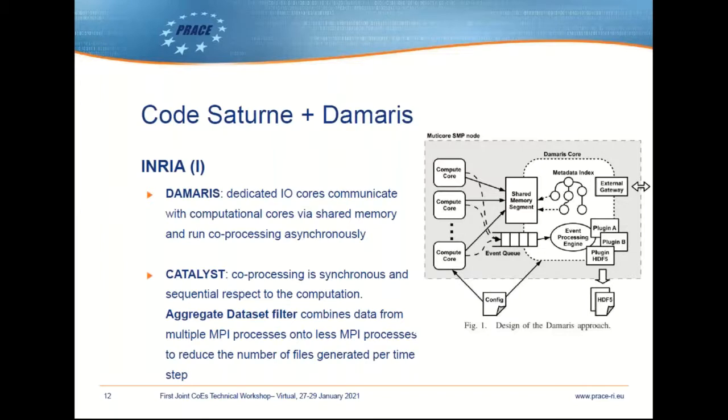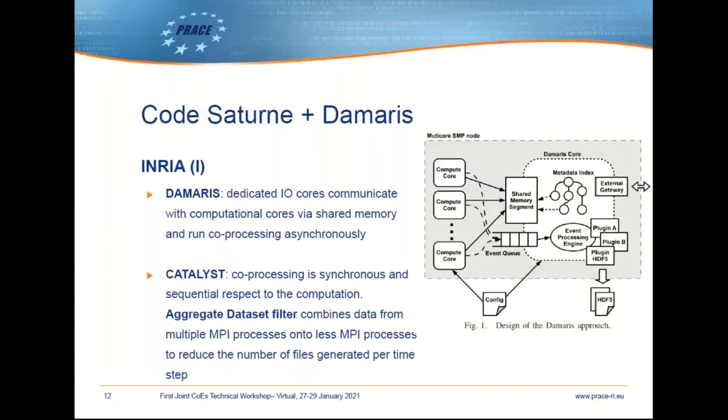So if one wants to, in some way, emulate this behavior, talking with the previous developer of Catalyst, Andy Bauer, if you want to make something similar, you can use the aggregate dataset filter that combines the data from multiple MPI processes onto fewer MPI processes.